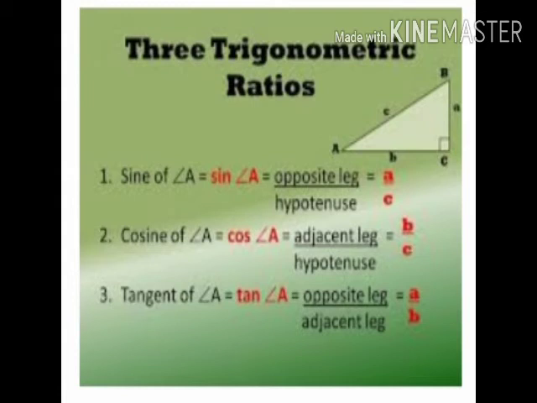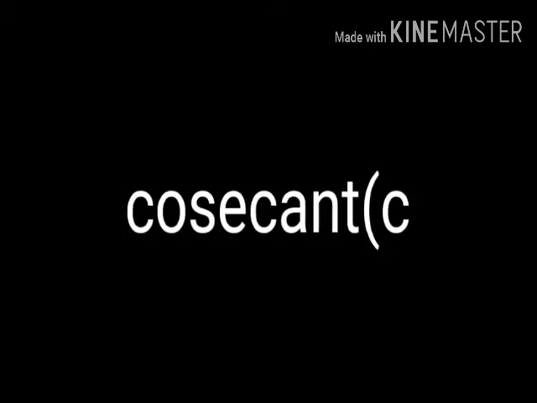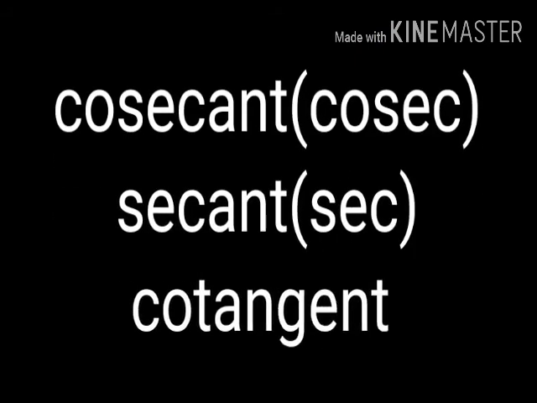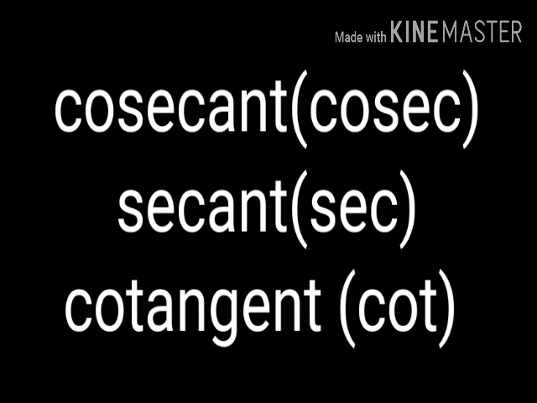So sine, cos, tan, these are the basic trigonometric ratios, and the next 3 ratios are the reciprocals of these 3 trigonometric ratios. They are cosecant or cosec, secant or sec, and cotangent or cot, which are respectively the reciprocals of the sine ratio, cos ratio and tan ratio.